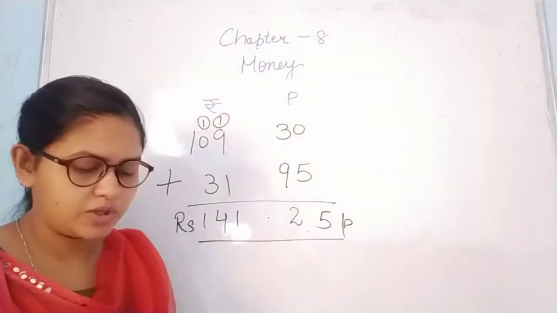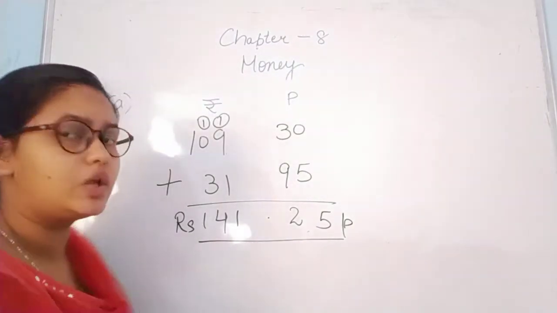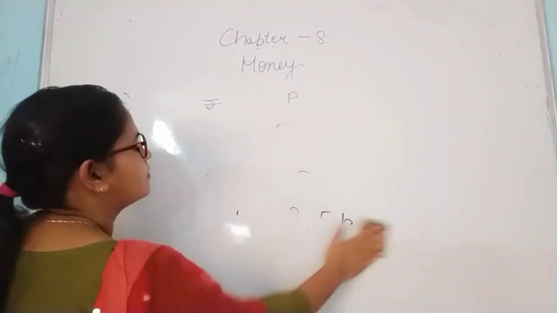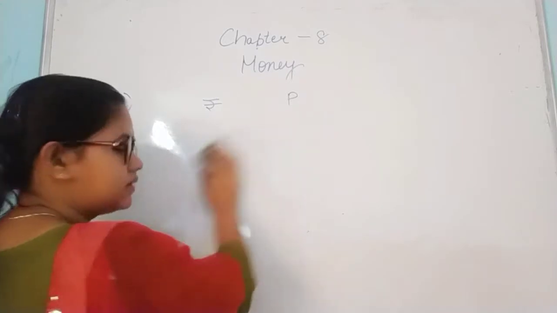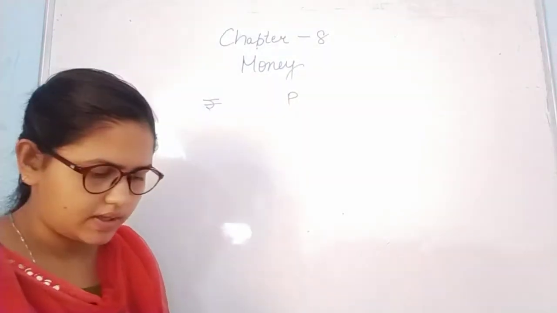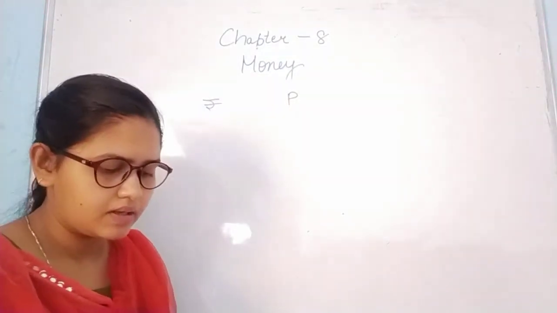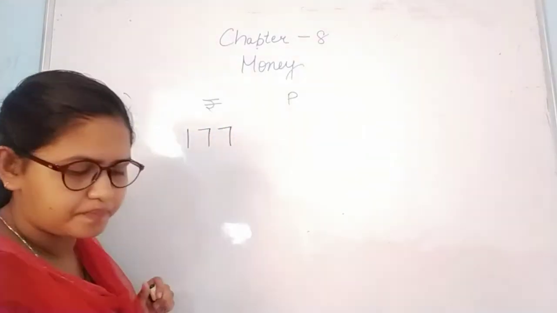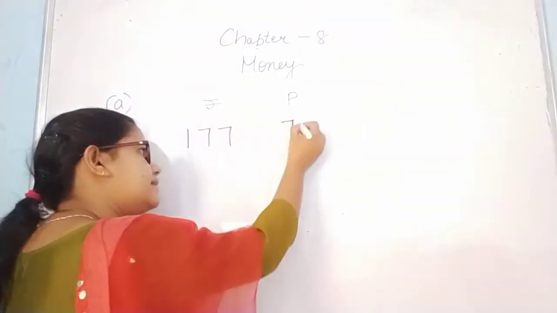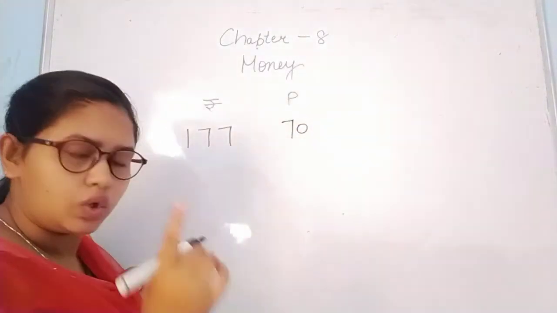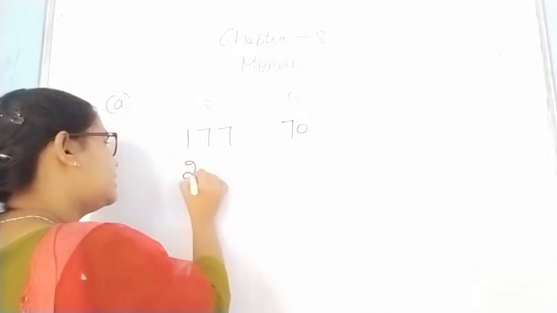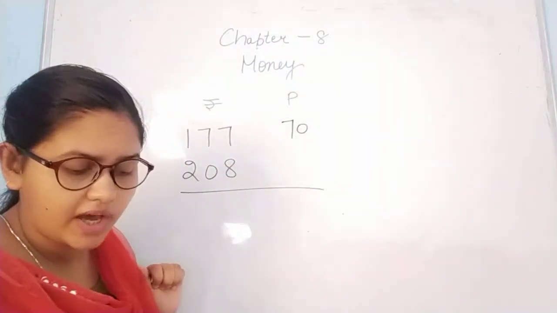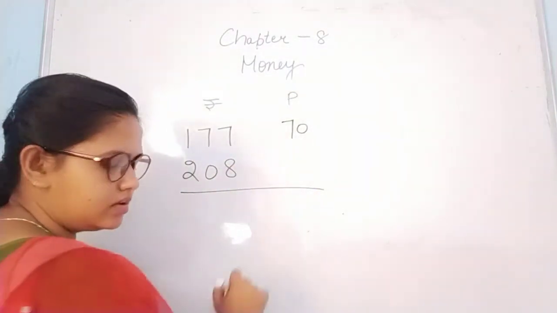Okay, let's do the second one. The second one is 177 rupees 70 paise, and we have to add 208 rupees, and how much paise do we have to add? 13.